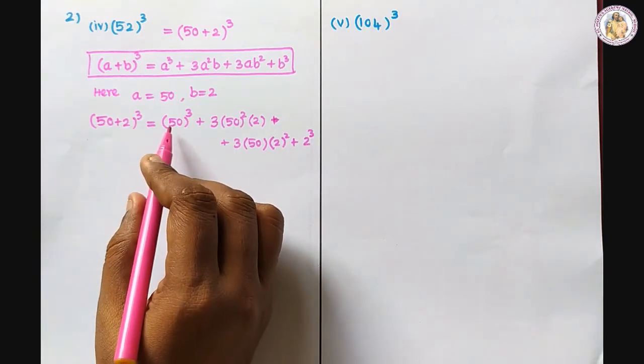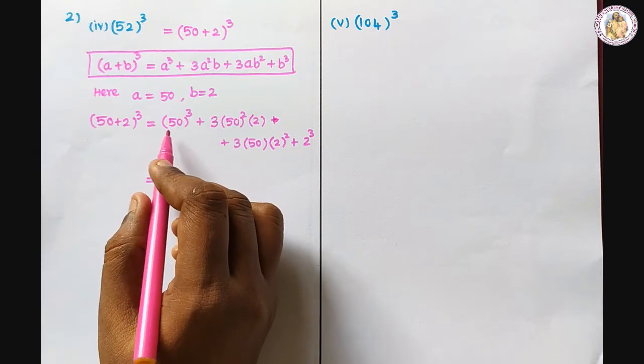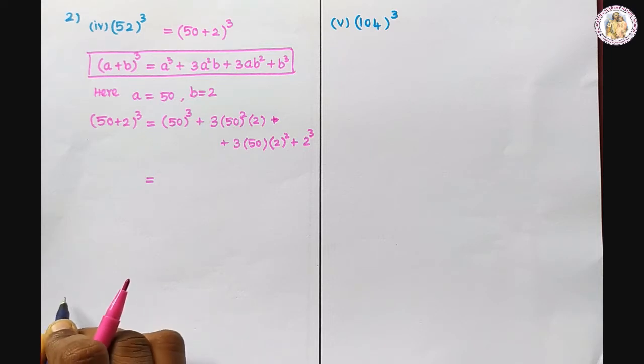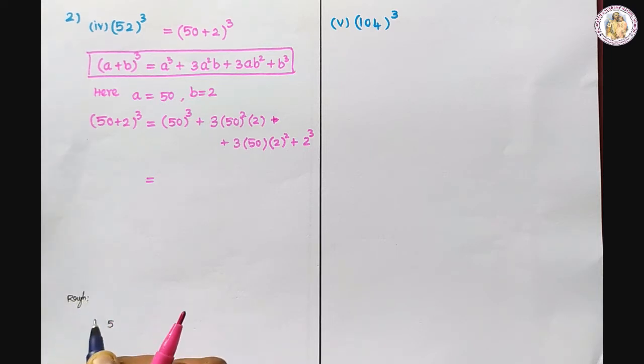Listen, 50 cube, that is 50 into 50 into 50. 5 5s are 25, 25 5s are 125.